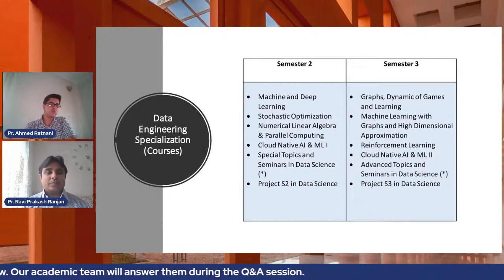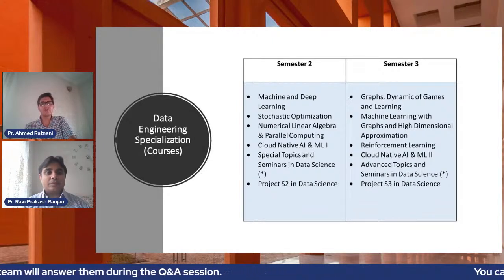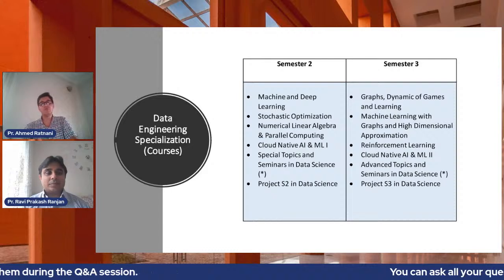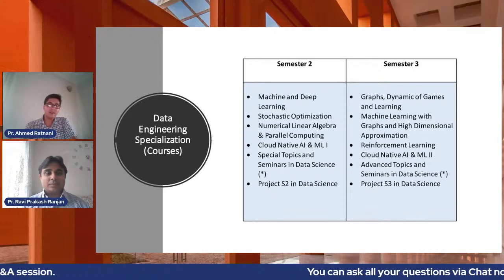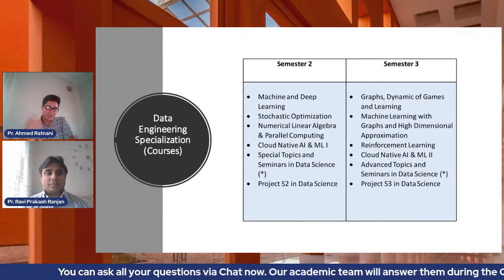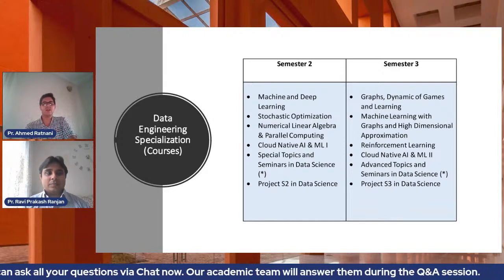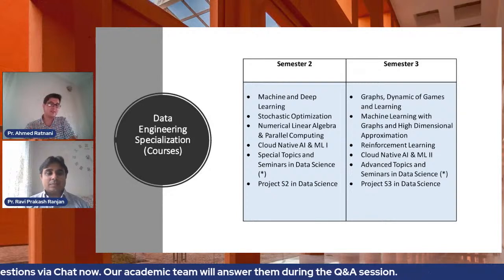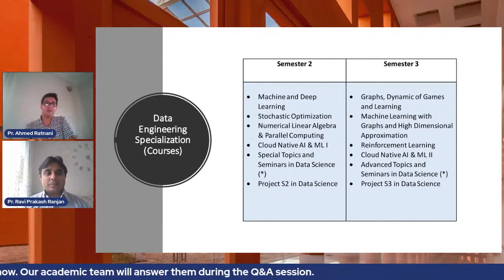Because what we usually forget in this kind of program that is very related to high tech is that each year the technology is changing, and it's important for us to allow students to have the latest technologies and the latest knowledge and state of the art regarding their field.